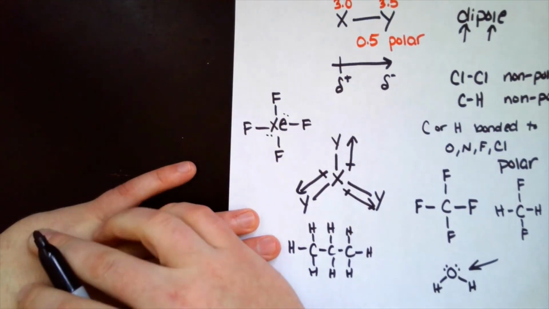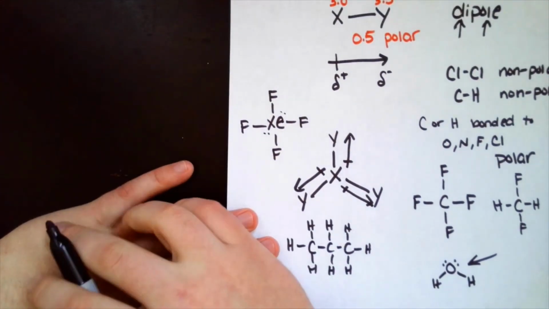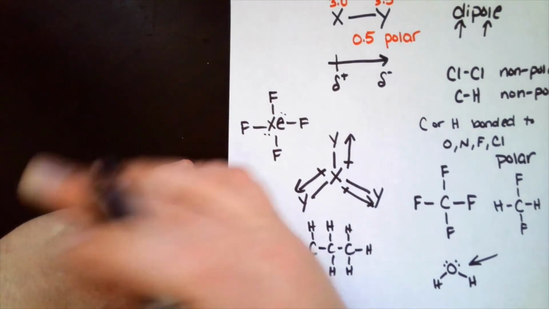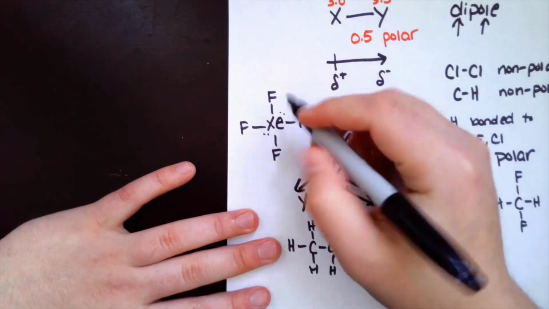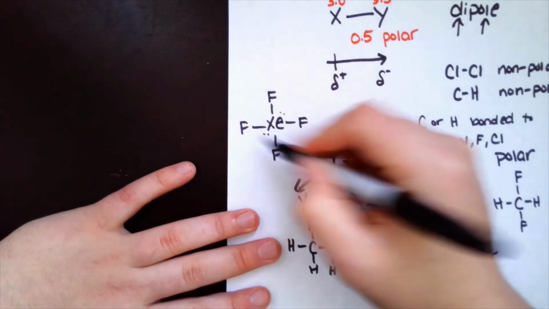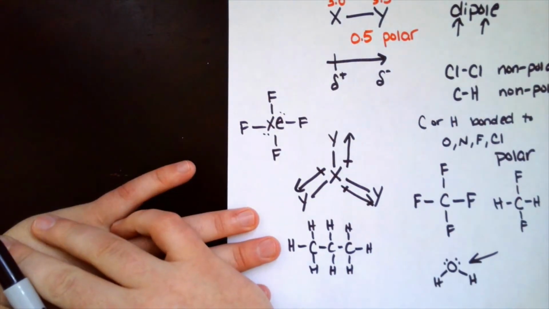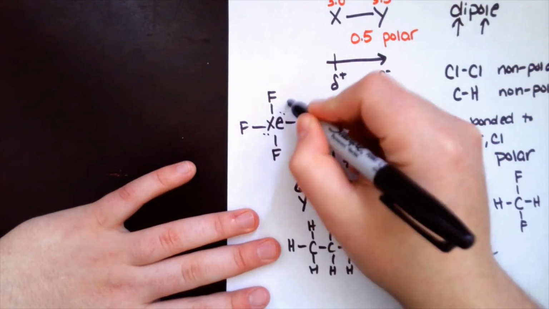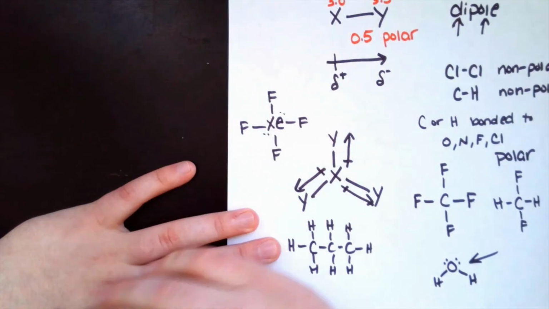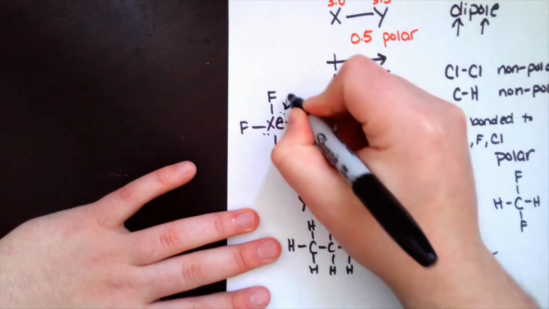And hopefully, if you've watched the molecular geometry video at this point, you know that that's because this is square planar, right? Where these are the two axial positions, and the fluorines are in the equatorial positions. So that means that these lone pairs are exactly opposite each other, so they do cancel each other out. And the fluorines also cancel each other out, so this is a nonpolar molecule.